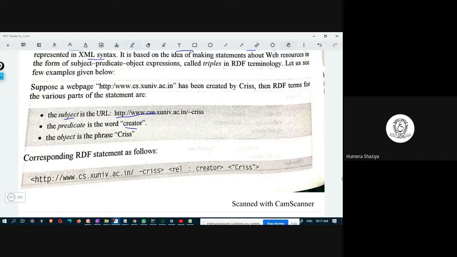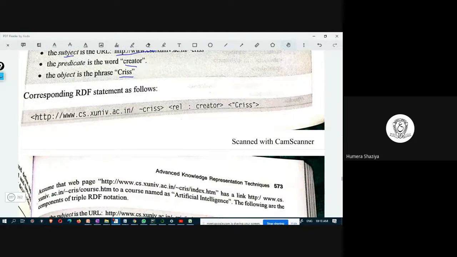The phrase Chris. Chris is the creator. Subject is a particular website or web page, and the creator of that web page is Chris. So the object is Chris, the subject is the URL of the web page, and what would be corresponding RDF?